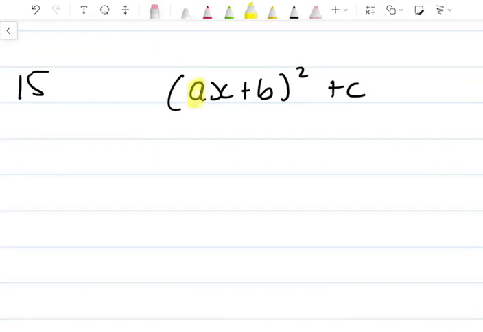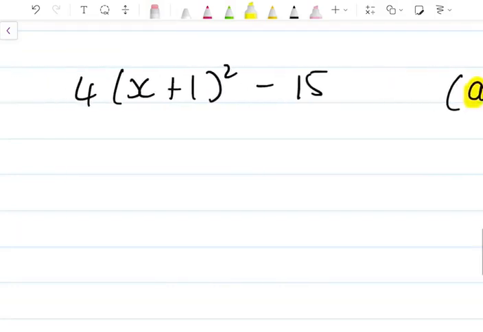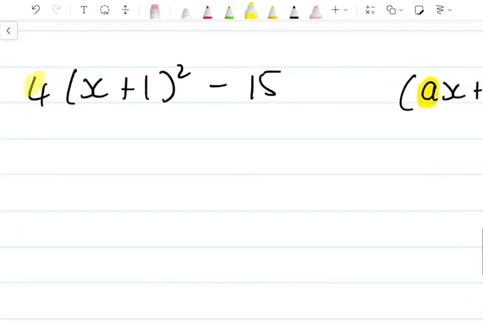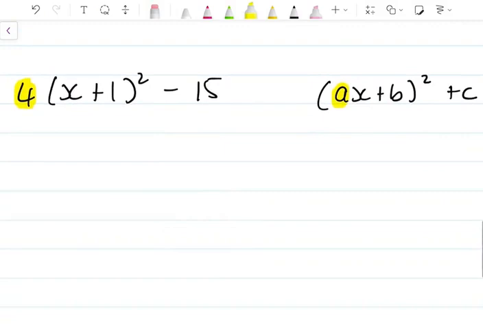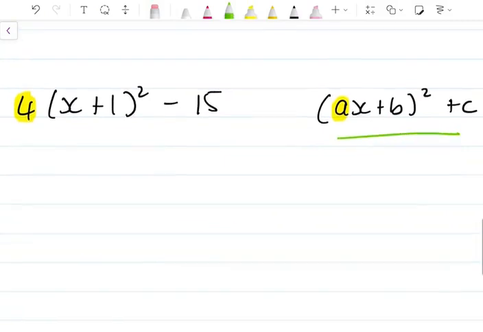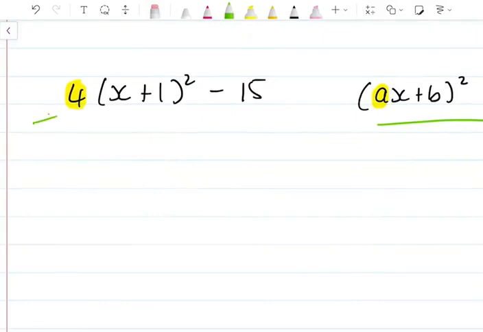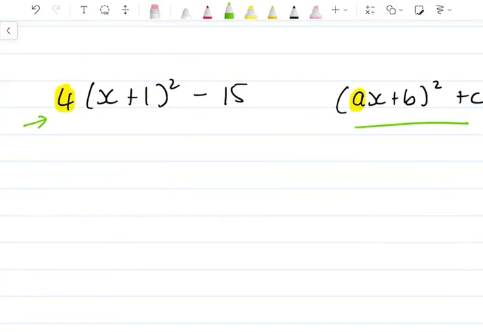What's important here is that the coefficient is now inside the bracket, whereas over here our coefficient is outside the bracket. So if you need to do it in this form, you first get it into the form that we know, with your coefficient on the outside, and then we're going to multiply our coefficient in, but because of the square, we first have to root our coefficient.